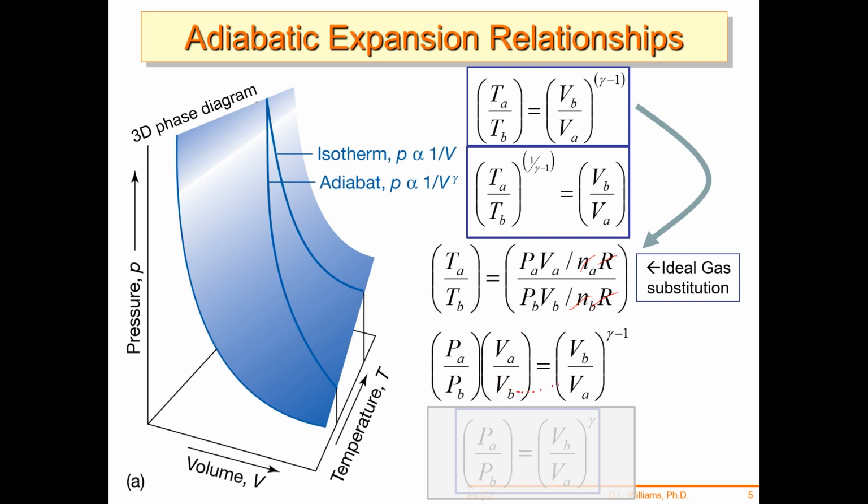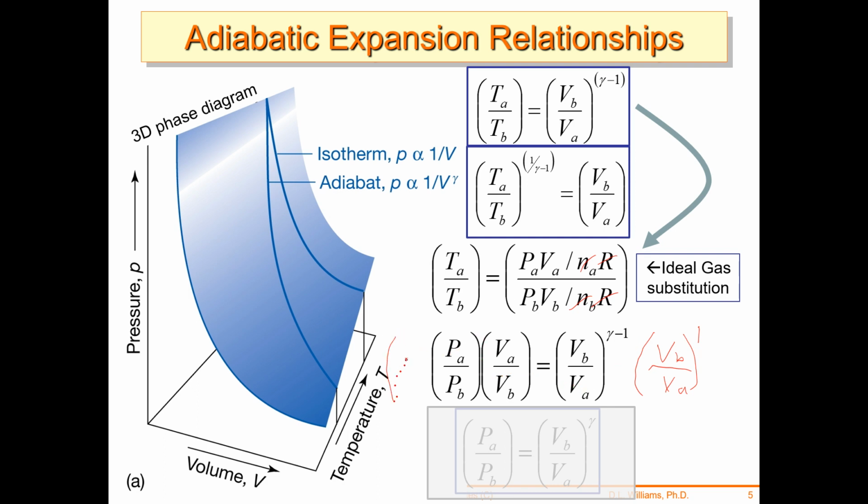Well, I just multiply this side by VB over VA, and that would cancel those things out. And now I have VB over VA to the gamma minus 1 times VB over VA to the plus 1. And so I have gamma minus 1 plus 1, so I just end up with gamma. And pressure's on the other side.